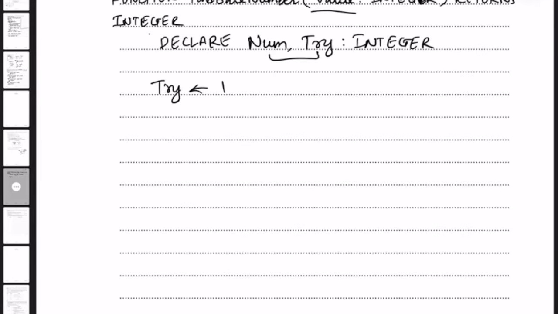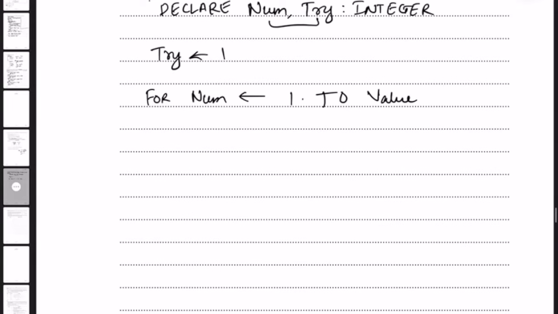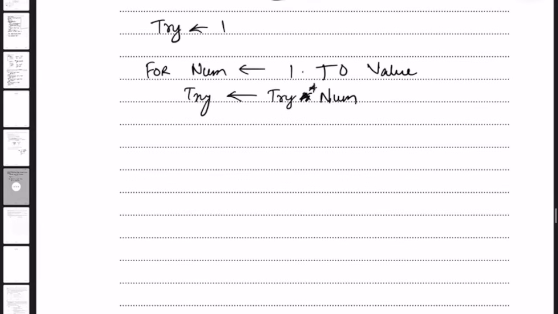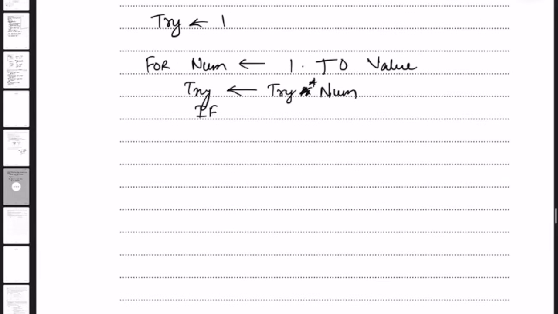So I'm going to put a for loop here. For num between 1 to value, try becomes try multiplied by num. Now if try is equal to value, then base number found.